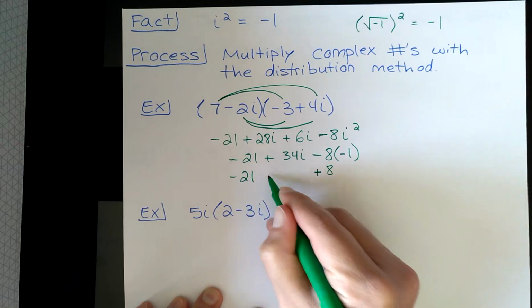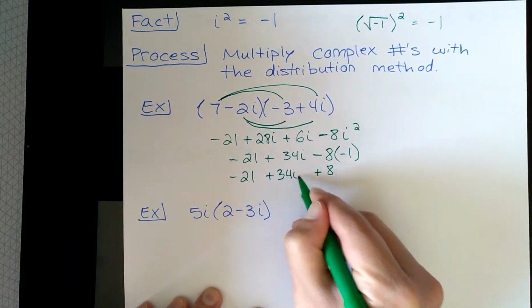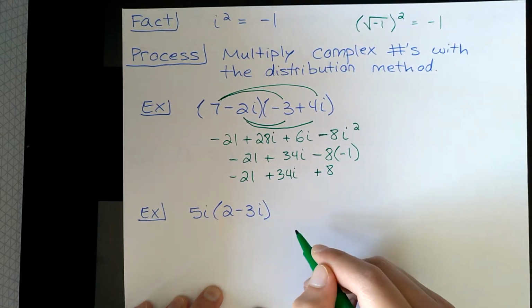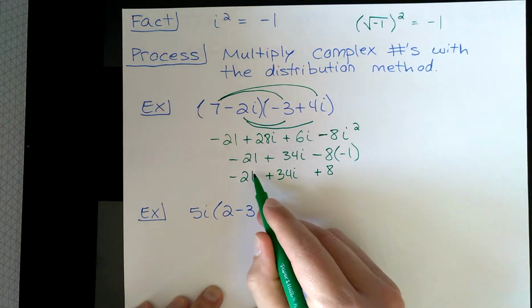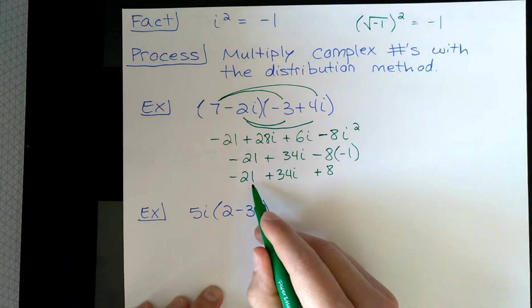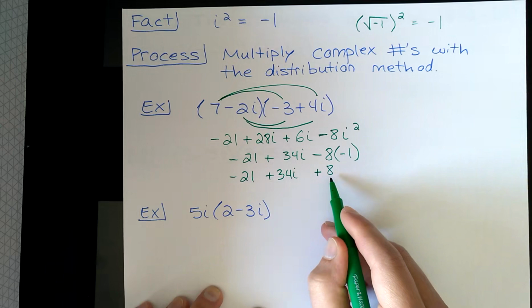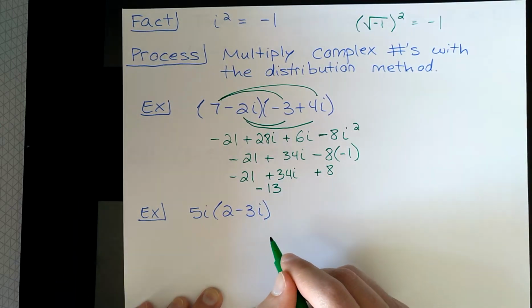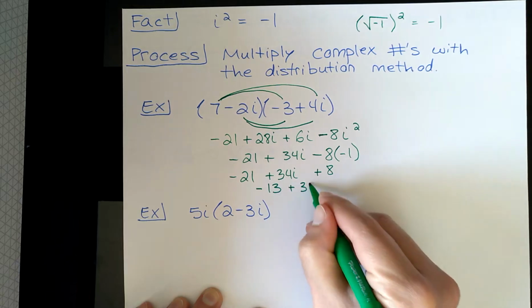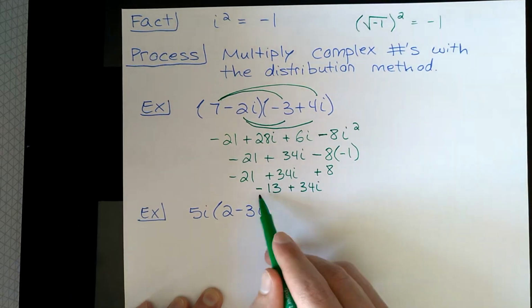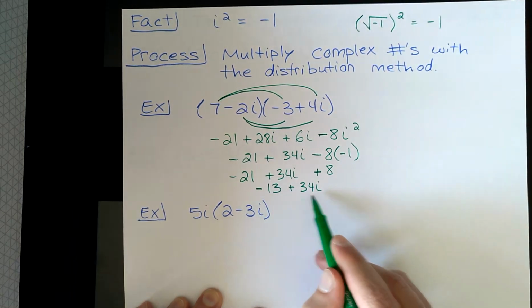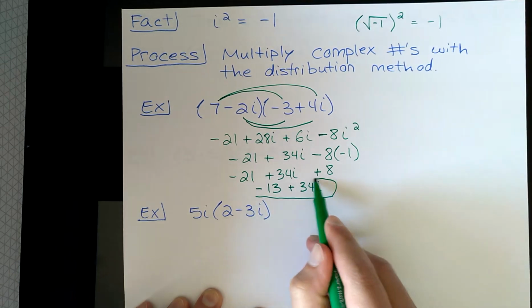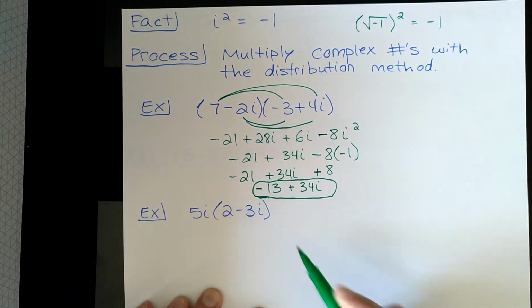So we have negative 21 plus 34i plus 8. And now we combine our like terms. Negative 21 plus 8 gives us negative 13. Plus 34i. Remember, real part, then imaginary part. And that is simplified.